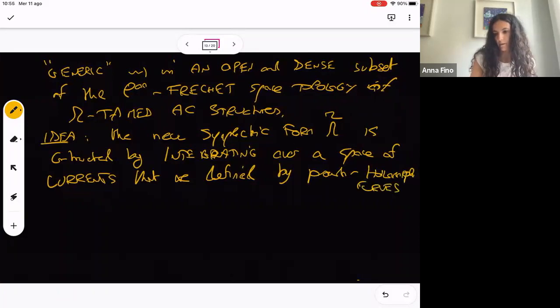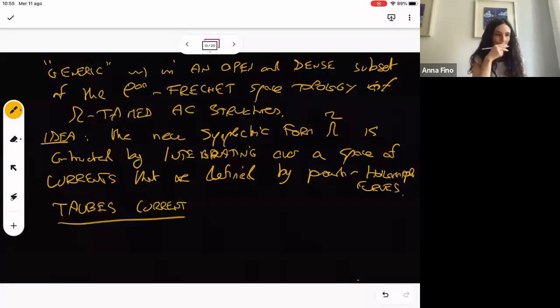Pseudo-holomorphic curves give a lot of information about the almost complex structure associated to omega. And the idea is the following. So he essentially uses currents. He defined what in the literature is called a Taubes current with special property, because this Taubes current is a closed positive 1-1 current in the same class.